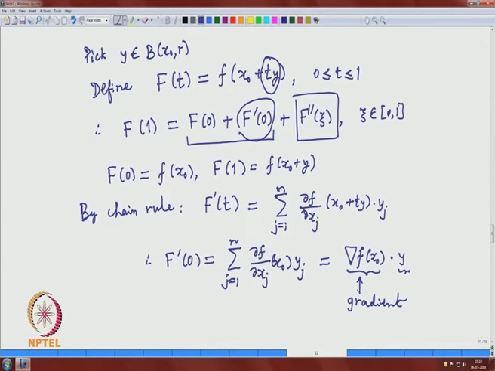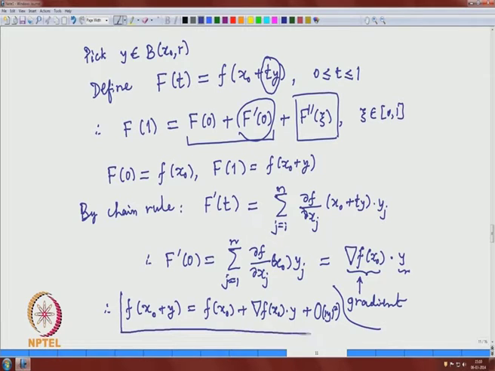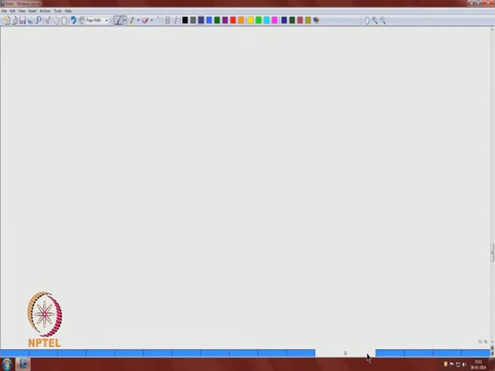Therefore, if you put back x 0 plus y, f of x 0 plus y equals f of x 0 plus gradient of f at x 0 dot y plus, let me just write that as, order y square. Okay. We are interested only in the linear terms, and now you can just extend it to the many variable case.